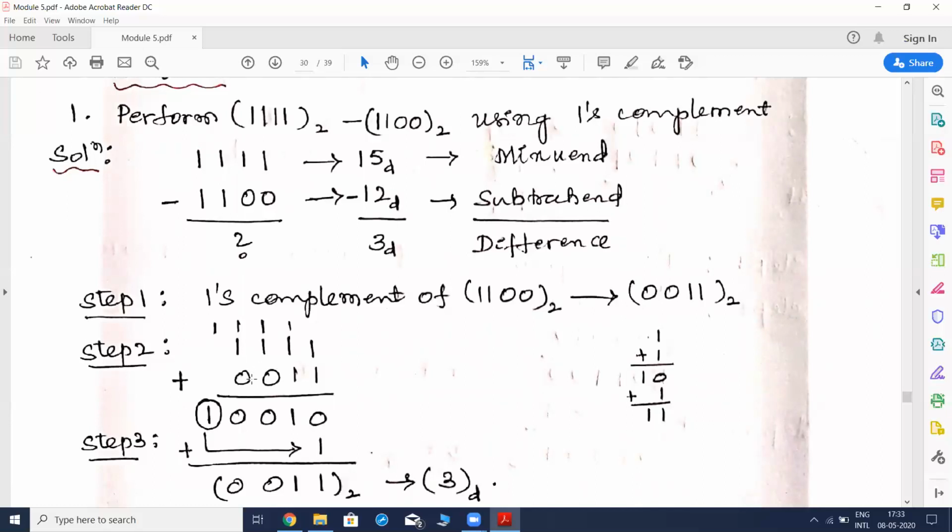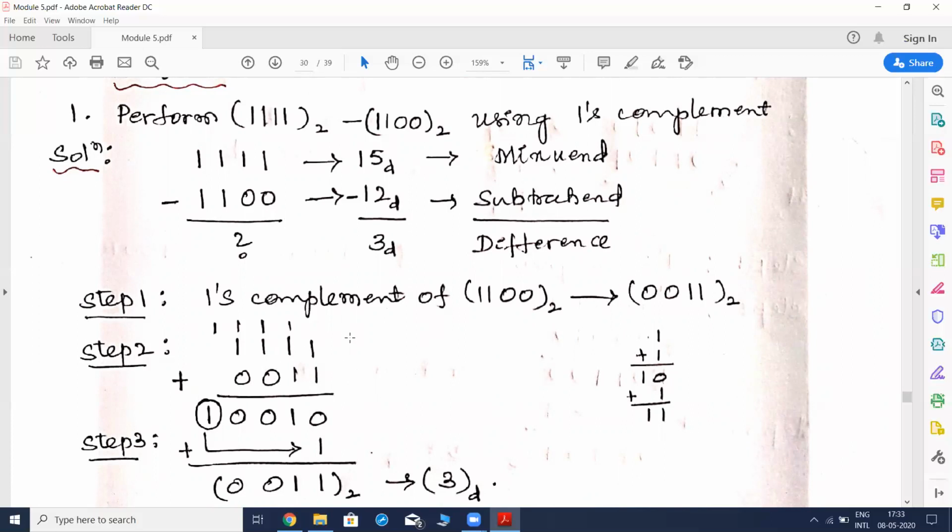Your next step is to add it to the minuend. Minuend is 1111. So write down the minuend, add the ones complement of the subtrahend, which is 0011. Now perform addition.